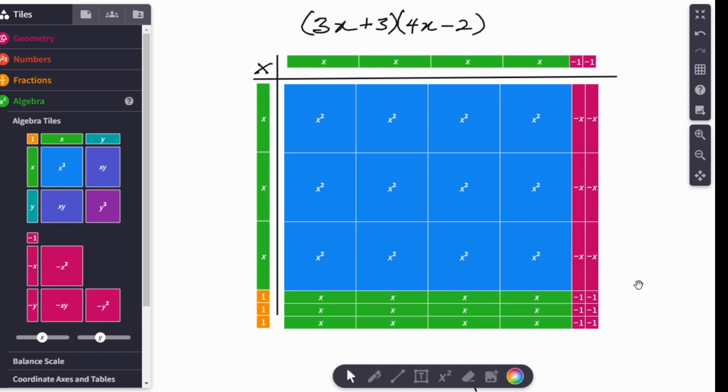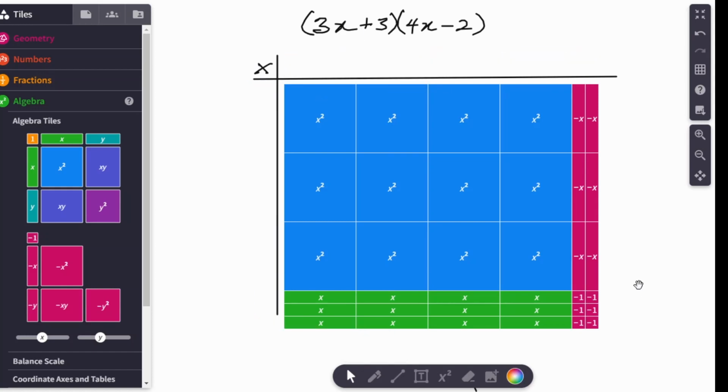So each of these gives us x squared. Then the negative 1 multiplying each of the x gives us negative x. Then the positive 1 multiplying each of the x gives us positive x. And also positive 1 multiplying negative 1 gives us negative 1. Let's not forget to remove the outer tiles.